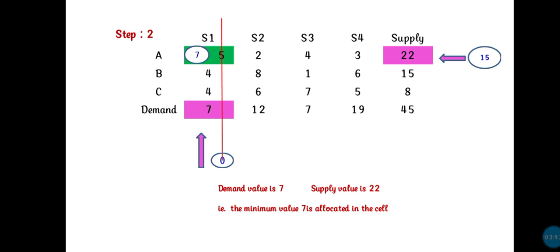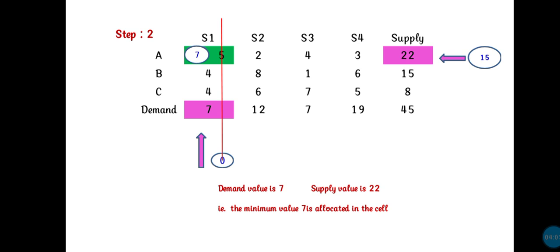After allocating the value, we need to subtract it from demand as well as supply. Here the allocated cell value is 7. We subtract the value from demand: 7 minus 7 we get 0. 22 minus 7 we get 15. So where do we get 0?